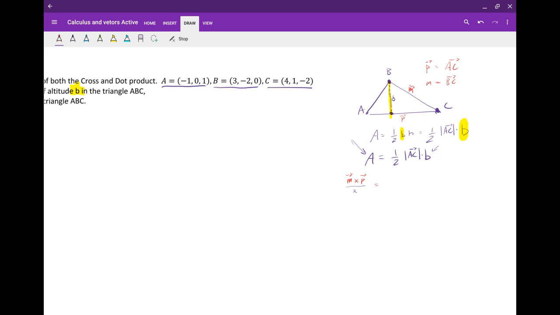So this is now 1/2 magnitude of AC times B, and this is over 2, so the 1/2s cancel.